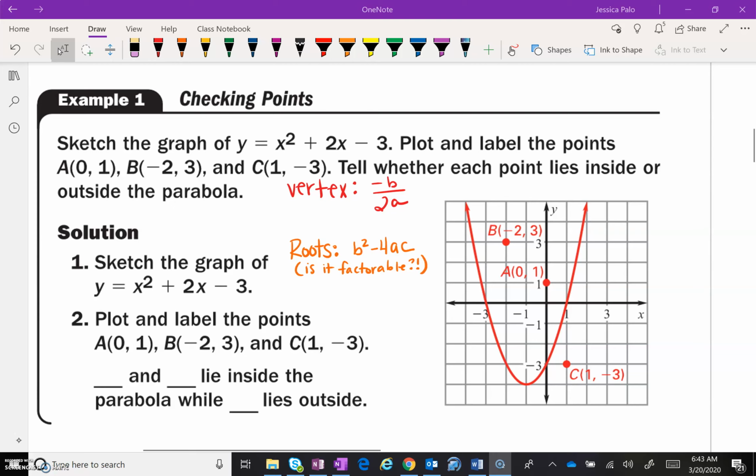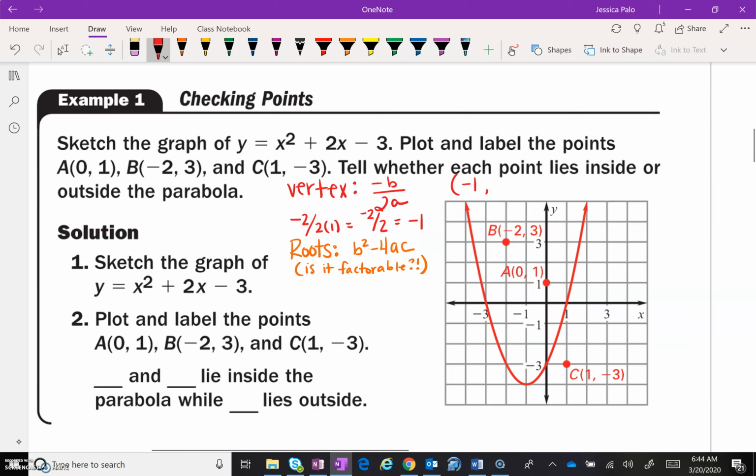So you're going to do negative b over 2a to find the x coordinate of this vertex, and then you're going to take that x value, plug it back into the original equation, and solve for y. Negative 2 divided by 2 times 1 would equal negative 2 over 2, which just equals negative 1. So the x-coordinate of our vertex is negative 1.